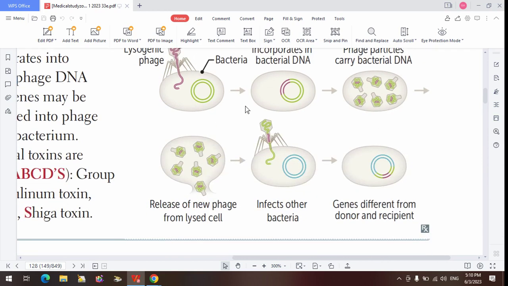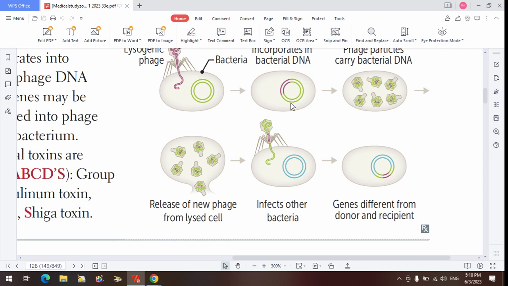So in the process of trying to excise its own DNA from this bacterial DNA so that it can replicate that DNA and form new bacteriophage, remember we've said that the process is just to take over the replicating machinery of the bacteria, because they cannot replicate on their own. So they want to utilize that of the bacteria. That's what they are doing.